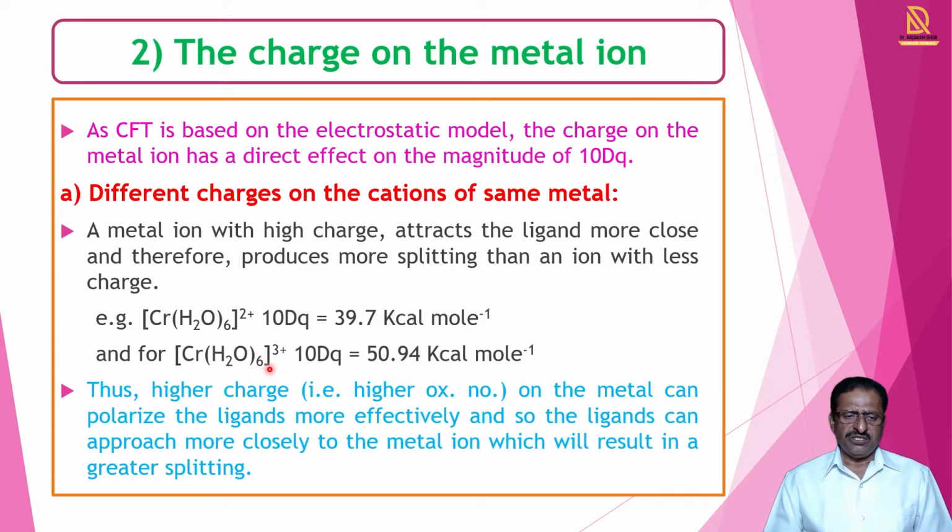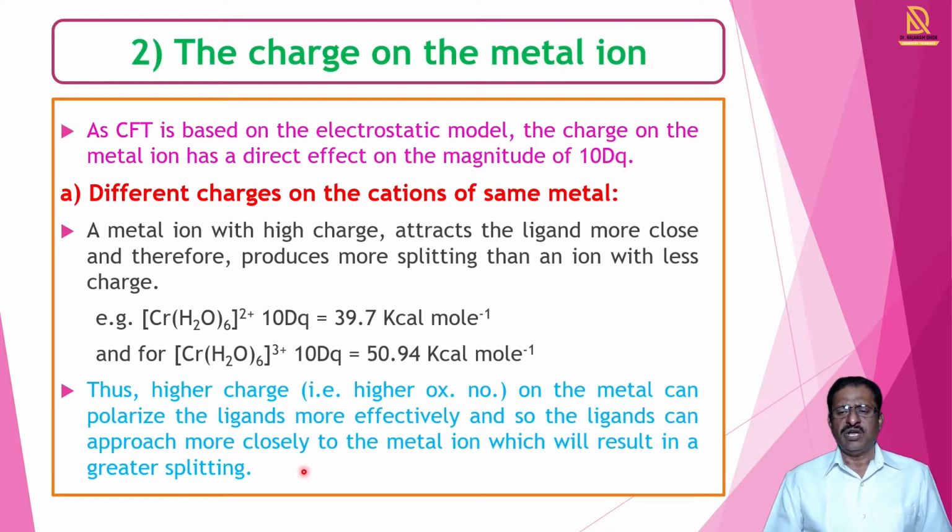But in the second example, chromium has a plus 3 oxidation state, and in the first example, chromium has a plus 2 oxidation state. When there is a higher charge on the metal, that higher charge can polarize the ligand more effectively.